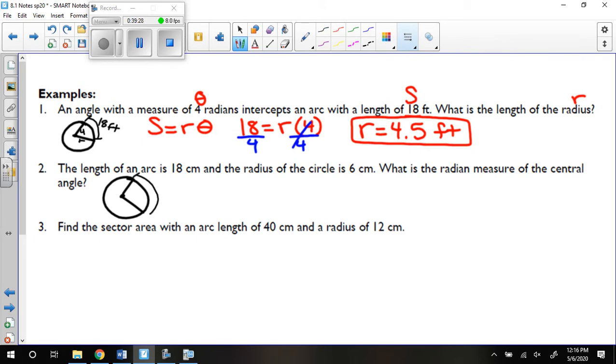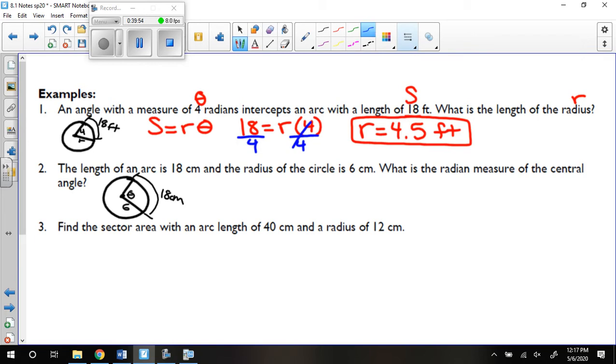So here to here, 18 centimeters. The radius is 6. And what is the radian measure of the central angle? So we're trying to figure out the radian measure of the angle, that is theta.